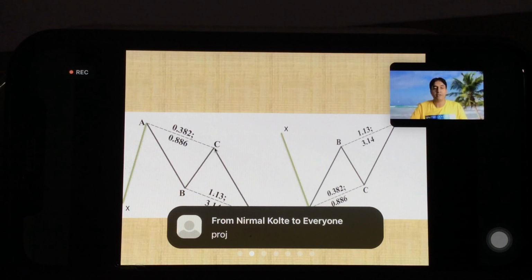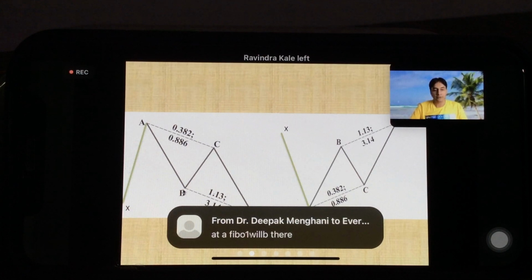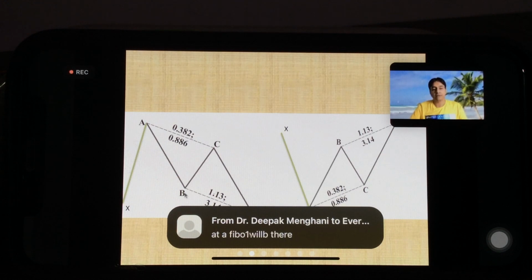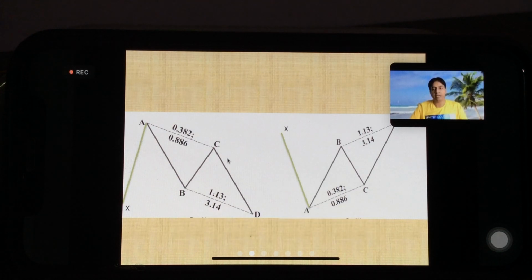projection. Extension will be, if we see it this way, A to B. When we plot B to C and it comes down below B, then it will be projection. If I plot A as the starting point of the current move, B as the end of the current move, and C as the correction after the end of the current move, so A is 0.1, B is 0.2, C is 0.3.